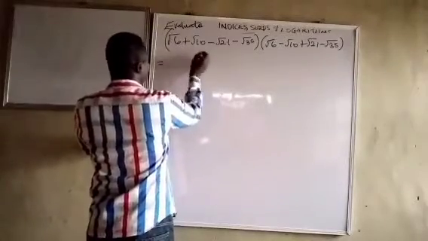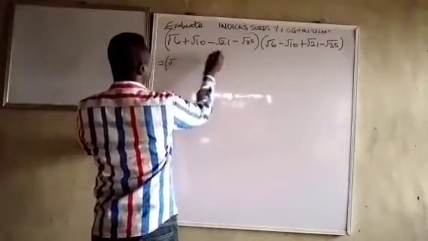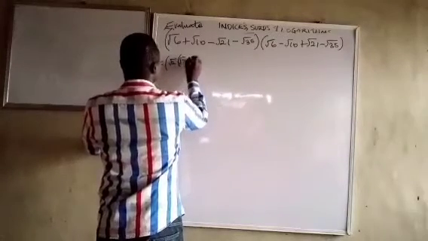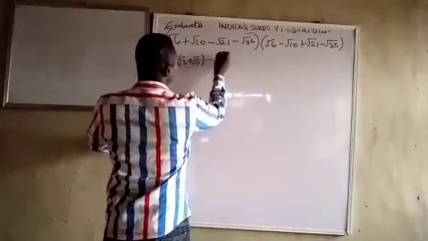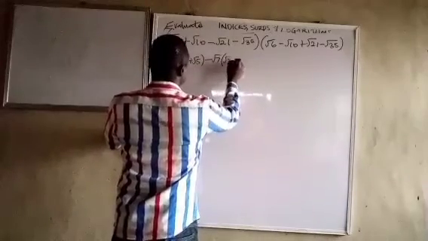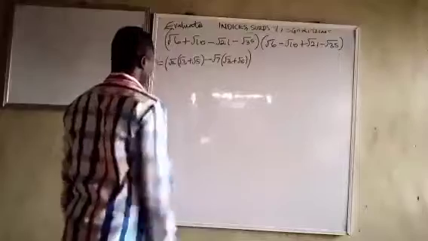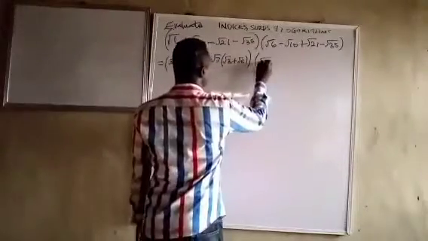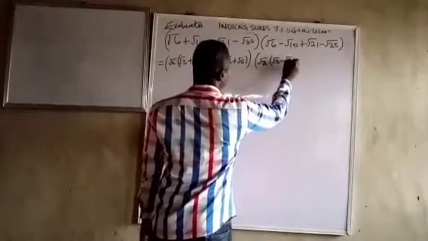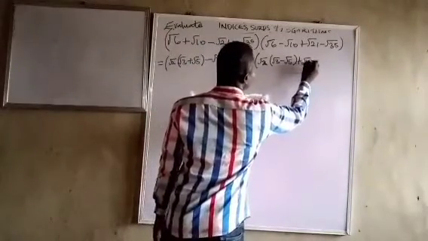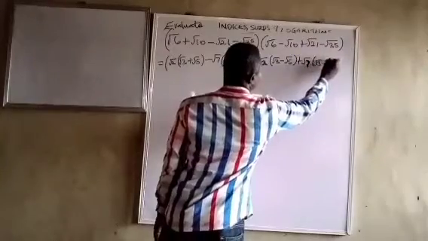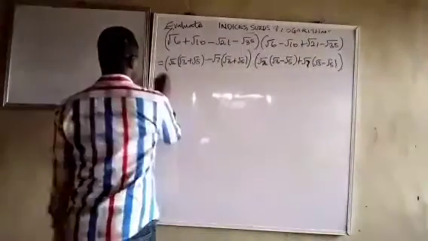Root 2 into root 3 plus root 5 minus root 7 into root 3 plus root 5. This one makes it easier now. Into root 3, root 2, into root 3 minus root 5 plus root 3, root 7, into root 3 minus root 5. So you can see, you can factorize conveniently.